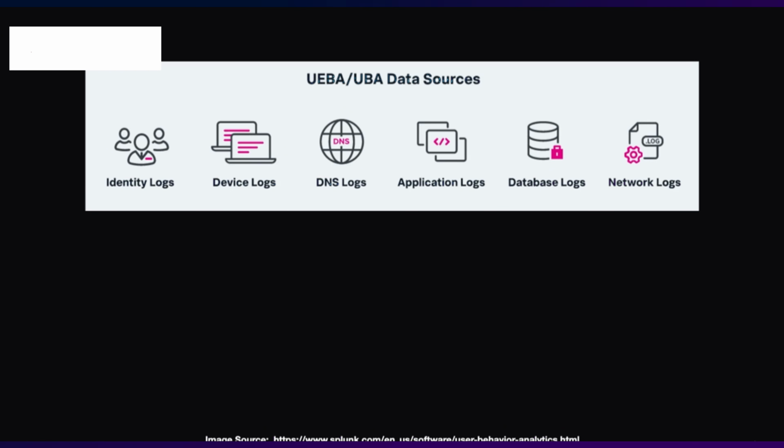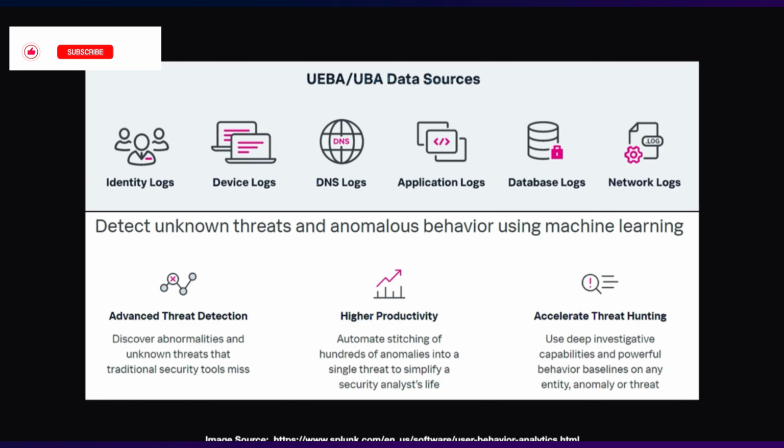Things out of the norm. It can help with advanced threat detection where you are looking at abnormal or unknown threats. It can help with higher productivity where you are putting together a lot of different anomalies into a single threat profile and looking at it from that perspective, and that can accelerate your threat hunting through deep investigation capabilities and a lot of other things.